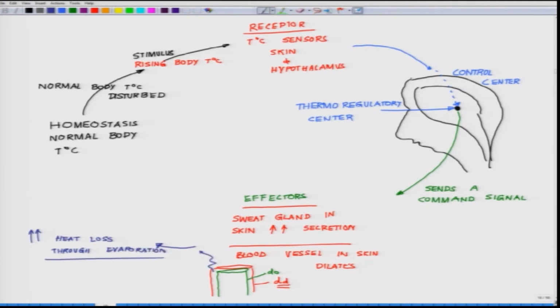So, your evaporation surface area has gone up, and second, there is an increased heat loss through radiation. Again, that is because you have more surface area, and this eventually leads to normal temperature restoration.